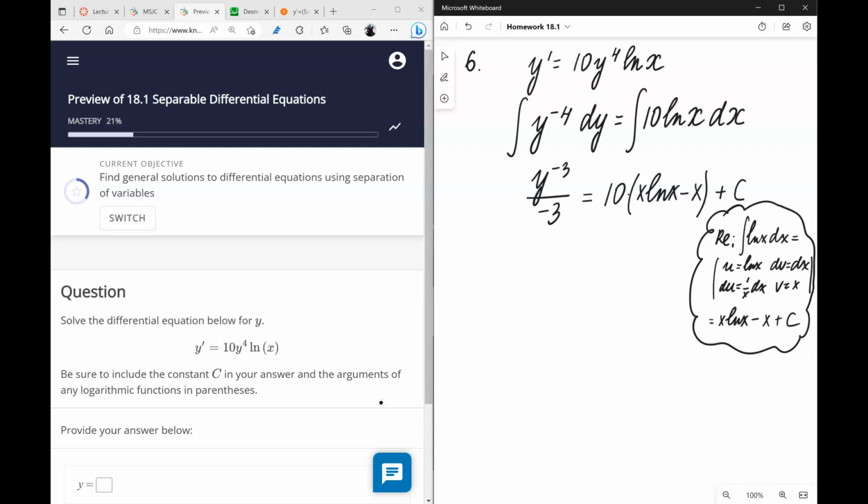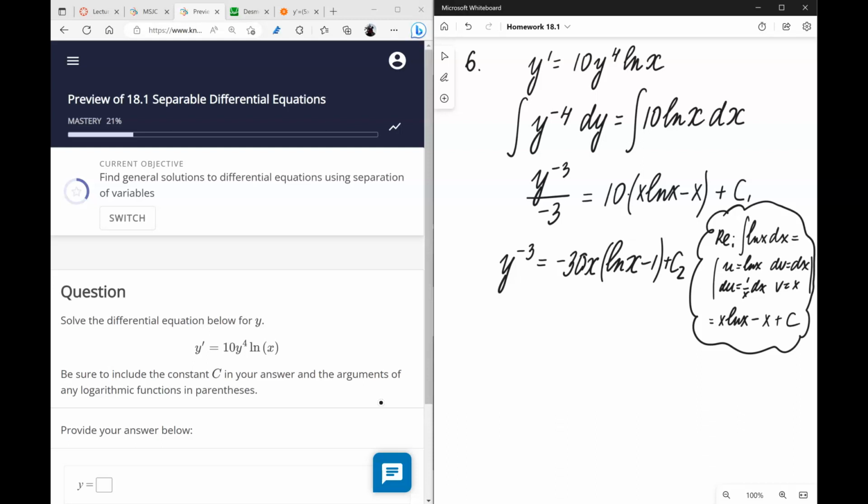And to isolate y, we multiply both sides by negative 3. So we have negative 30. And here I guess I can just factor out the x and have ln x minus 1. And then the negative 3 times c can be absorbed, and it just becomes another constant.